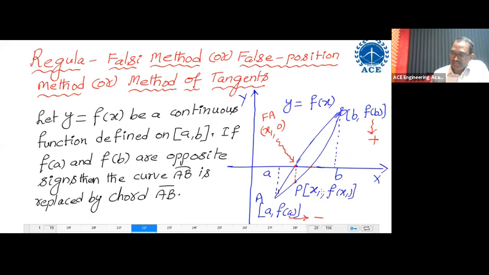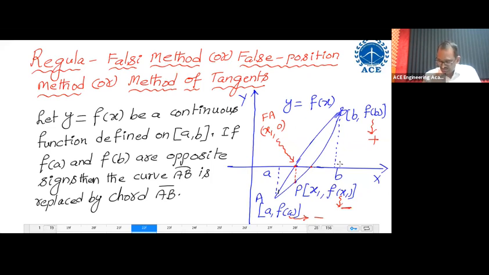Now P is x1 comma f of x1, still in the fourth quadrant. In the fourth quadrant, y coordinate is negative. Be careful about what I'm saying. Earlier, f of A and f of B are of opposite signs, then the root lies between A and B. Now f of x1 and f of b are of opposite signs. So the root lies between x1 and b.